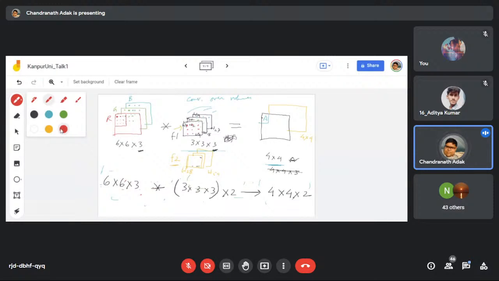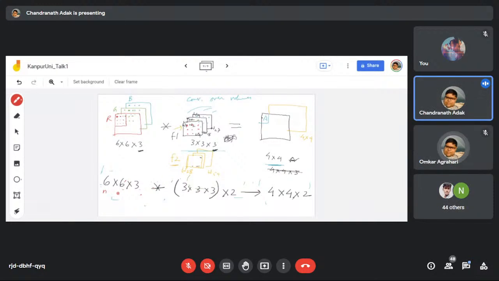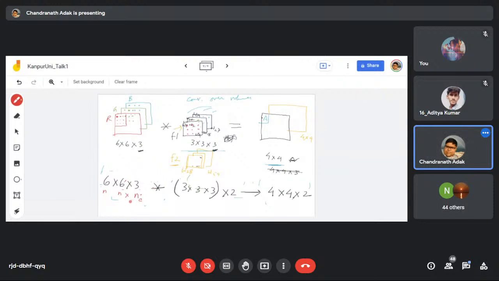So I will repeat again. Here 6 is your n, the image size. N cross N, and this 3 is your number of channels. We denote this using NC. So this 3 will also be your NC. This and this should be the same.